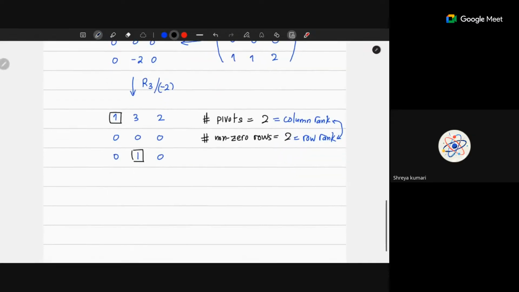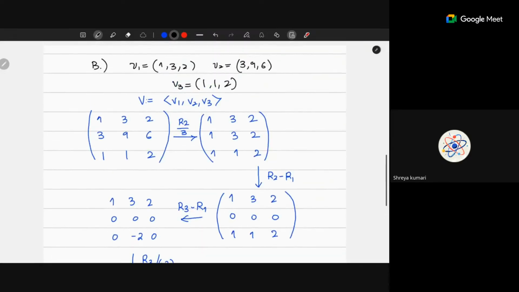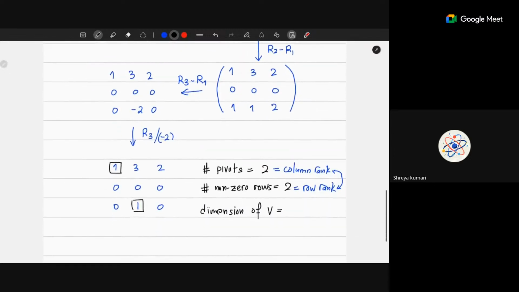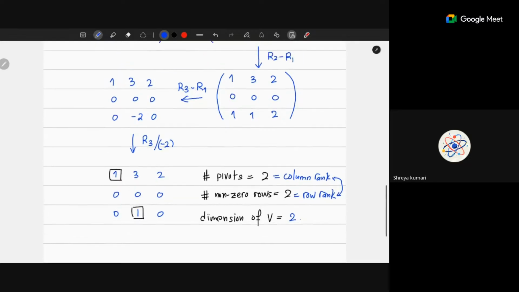As well, one can write down the dimension of V. Now, what was V? V is the spanning set of V1, V2, V3. So the dimension of V is again the number of pivots, which is 2. And what are the bases?